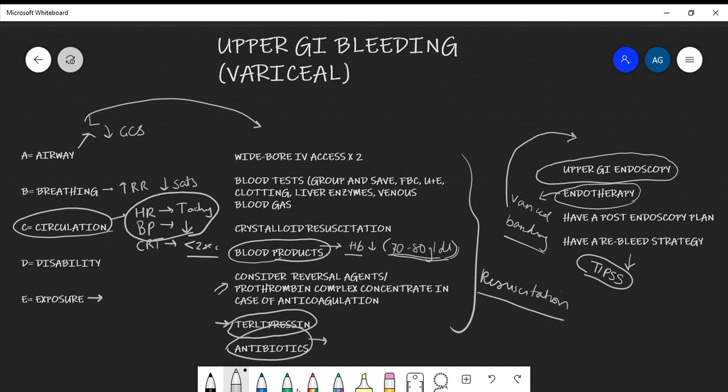This is done by interventional radiologists, where catheters pass through the groin, and a connection is made between the portal system and the systemic circulation, with the aim to reduce the pressure in the portal system and therefore help with bleeding.